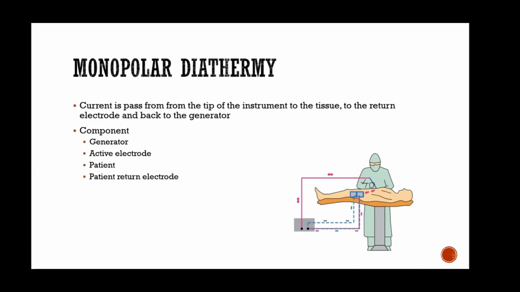This unit has four components: the generator, which produces the electric current, the active electrode, which is the handheld device in your hand, the patient, and the patient return electrode, which is the return electrode pad.